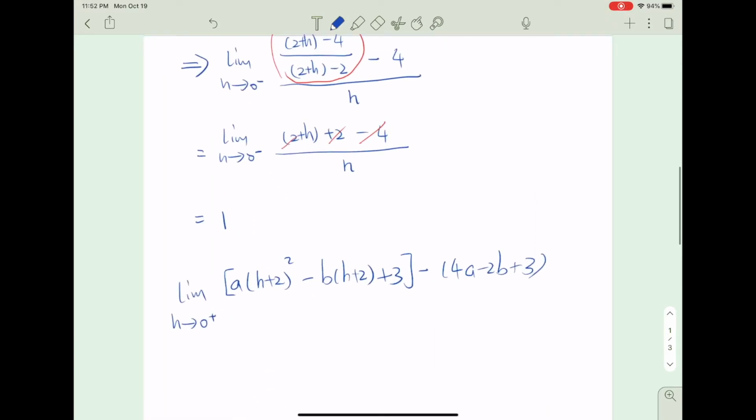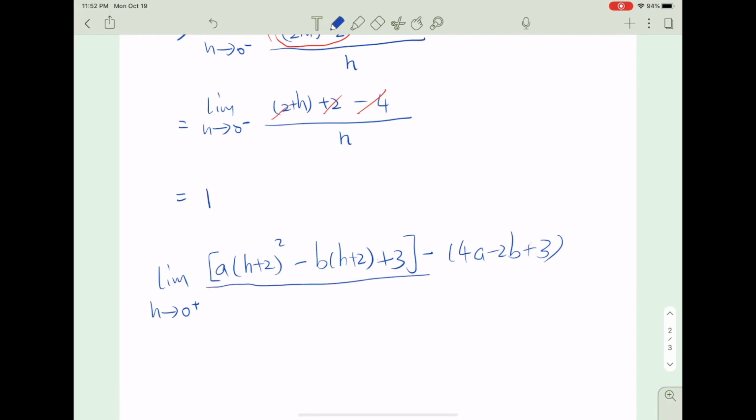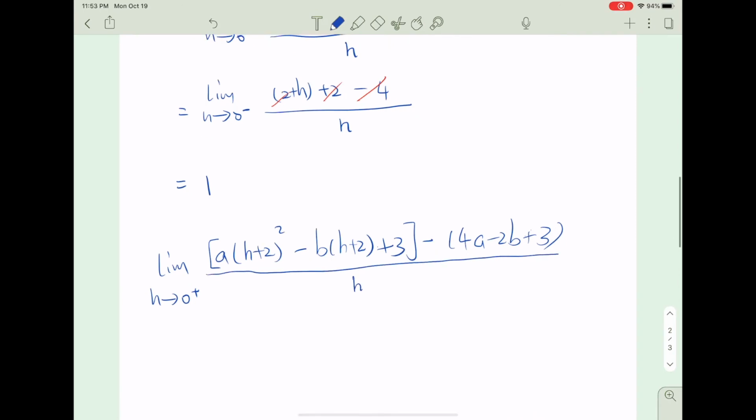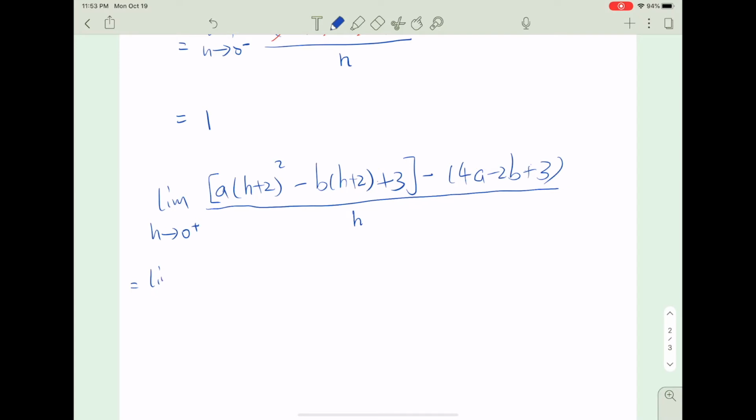And these things altogether over h. We open the bracket. See that this becomes a(h squared plus 4h plus 4) minus b times (h plus 2) plus 3, minus (4a minus 2b plus 3).